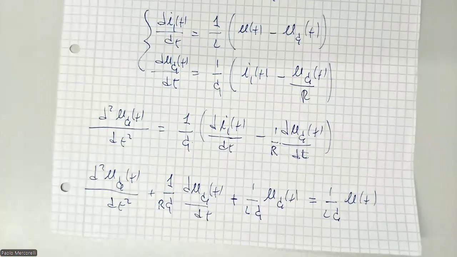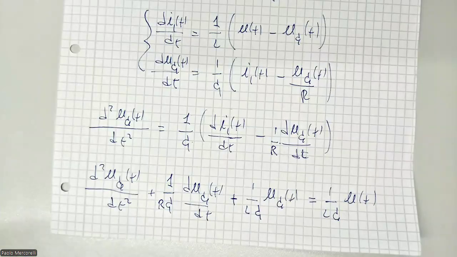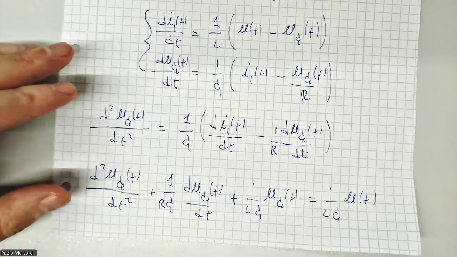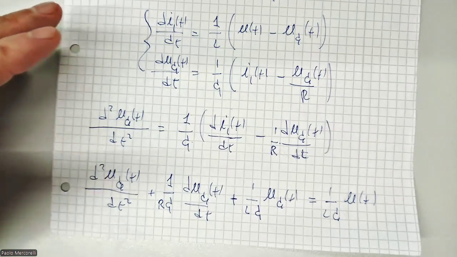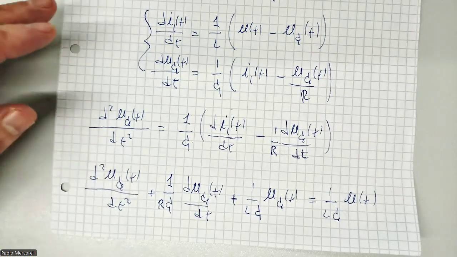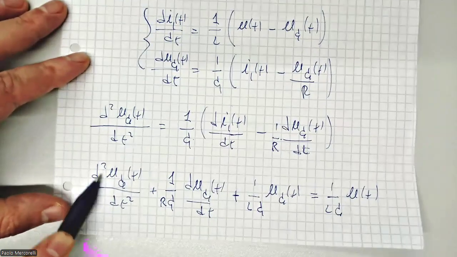We can do the same considering the point of view of the energy of the inductor. Why is the energy fully represented and described? Because of this second order.